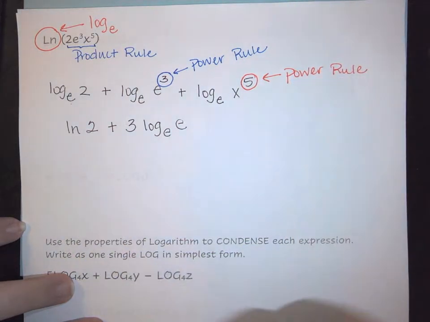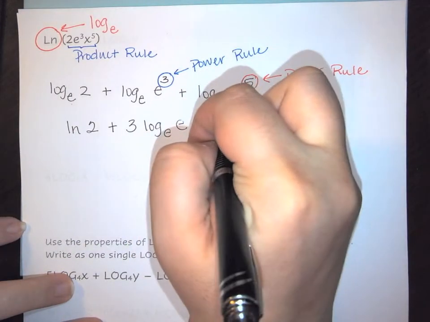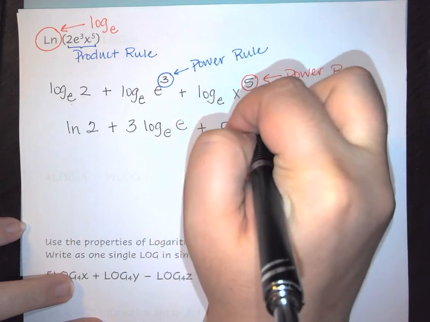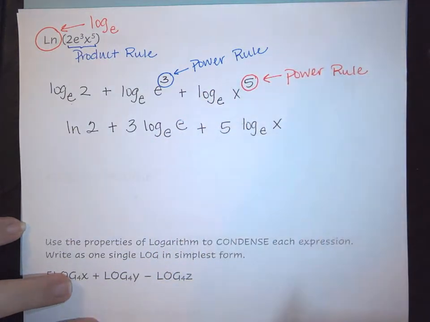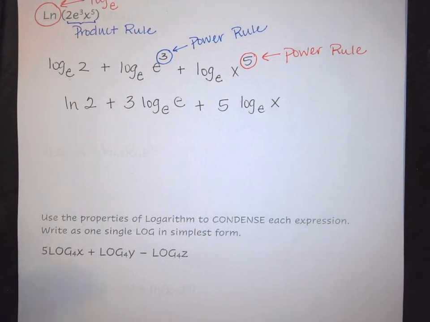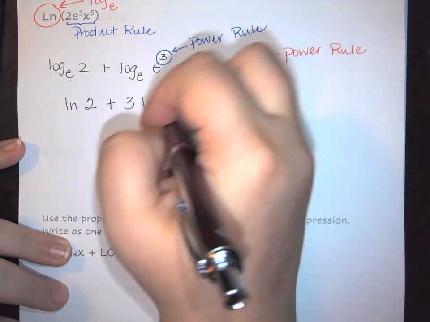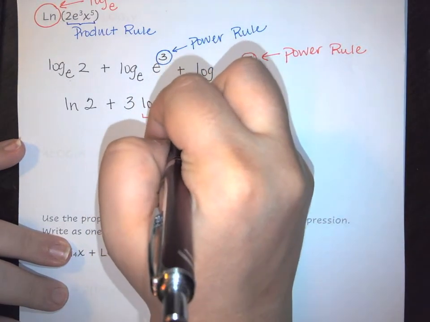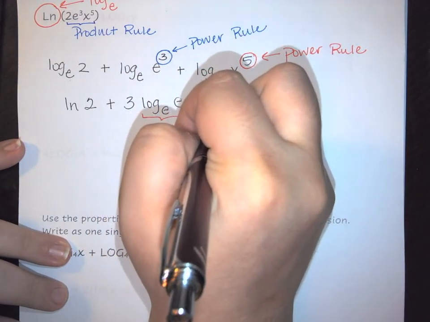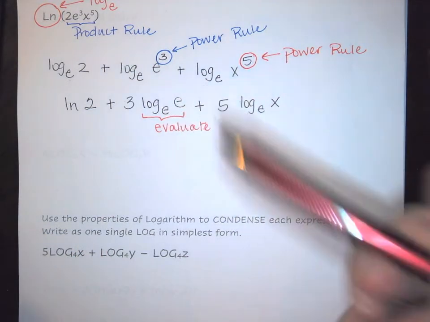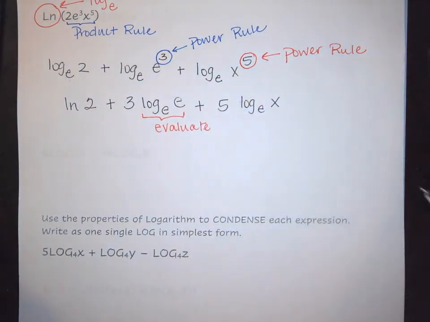Again saying it comes down in front, so this becomes plus 5 log base e of x. Continuing to simplify everything down, we have right here log base e of e. So what we're going to do with that is we are going to evaluate, because the log base e of e is going to be 1.